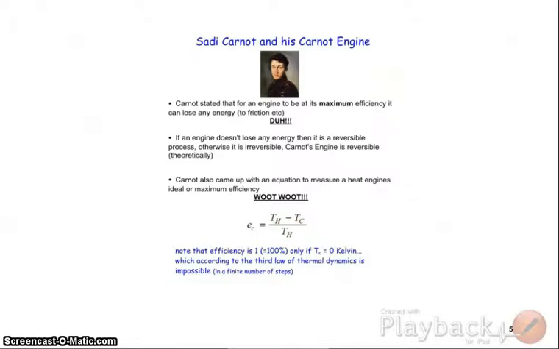Note that the efficiency is only equal to 1, or 100% efficient, only if your temperature cold is 0 degrees Kelvin, which according to the third law of thermodynamics is impossible to achieve and maintain in a finite number of steps.